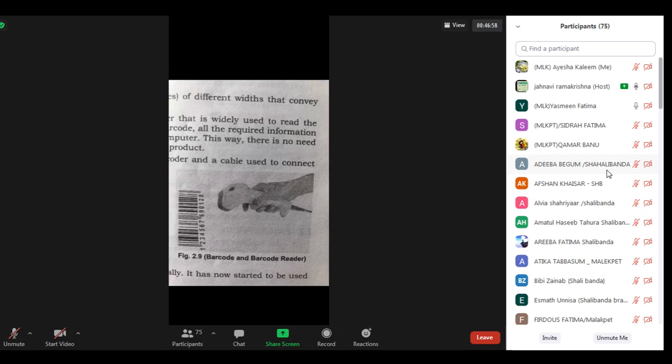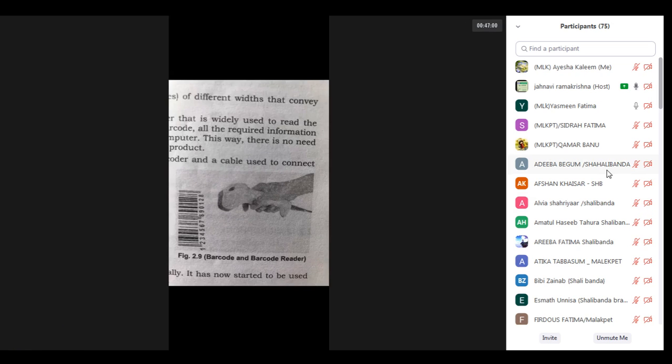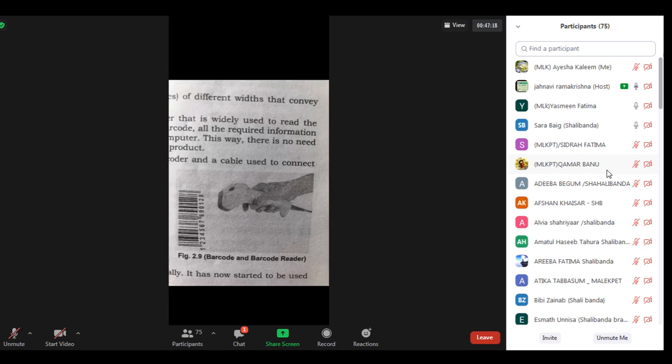So you could see this barcode and barcode reader. One of the girls asked me, is it clear? Is it now okay? No, ma'am, I need these points. Can you share these points? No, I'll post the notes, don't worry.